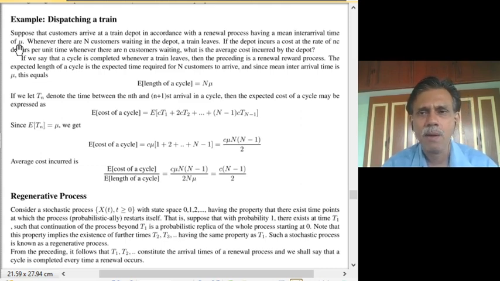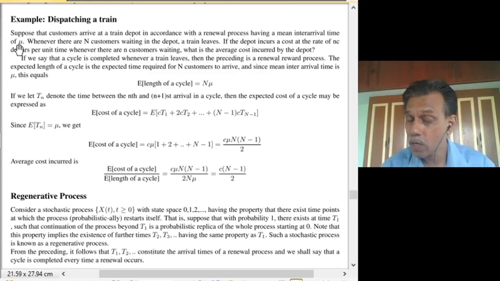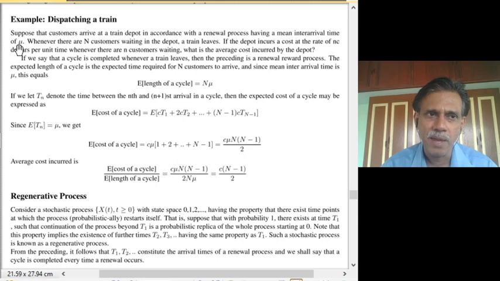So the times at which the train leaves are the renewal points, and the reward is again the cost that you incur on the customers by spending on them. You can also include other costs, like the money the customers will be paying as the train ticket.